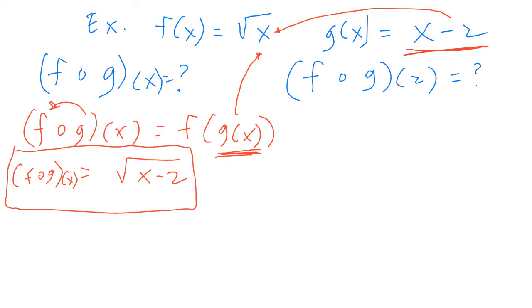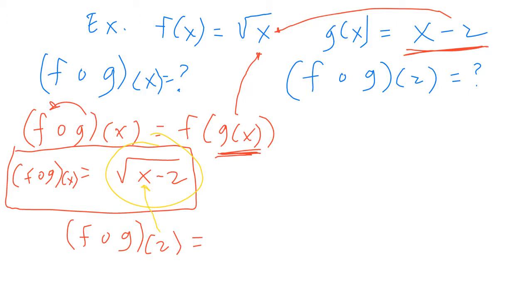Now you'll be asked what is f composition of g of 2. So what we're doing here, we're just plugging in. We already got this answer for the composition of the two functions. We just plug in the value for 2. So the 2 goes to your x here.